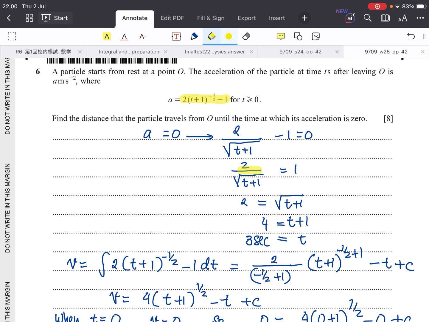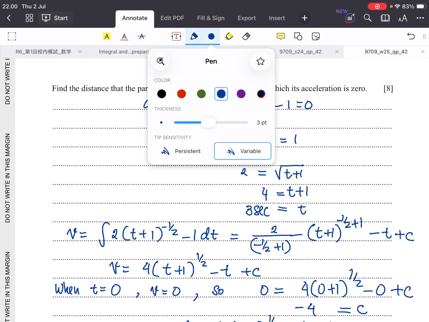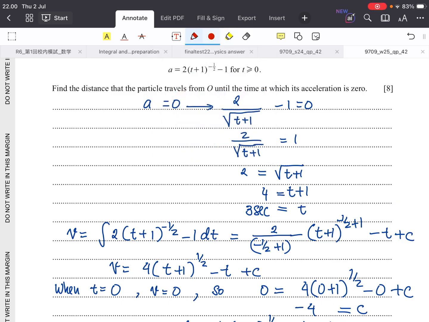And then using algebra, we can find the value of t is equal to 3 seconds. And then after that, we find the velocity. To find velocity from acceleration, we use integration. Please remember the formula for integration that you learned in Pure Math 1.